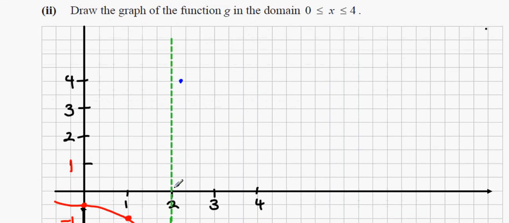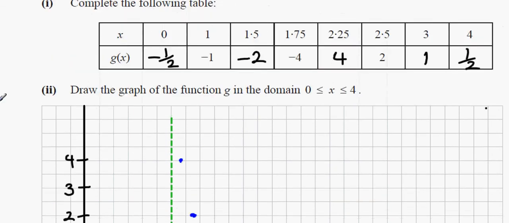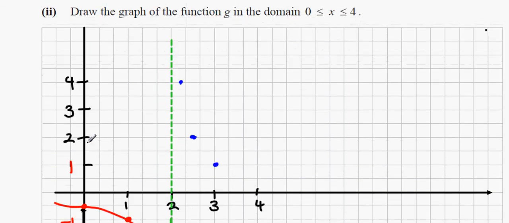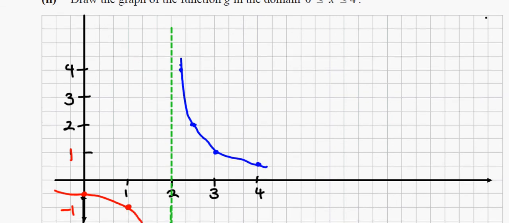So 2.5 is roughly halfway, and 2. The next one after that is 3, 1. And the next one after that is 4, a half, which is here. Just going to glide in. There you go. So now we have both graphs done.